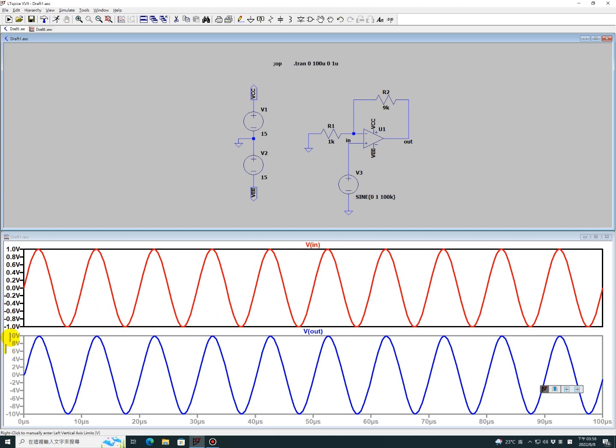Okay, you see, now the gain is still 10. That's the maximum frequency you can use because the gain has been increased to 10. So the gain bandwidth limit has limited this open-loop response. So that's what you can get from this result.